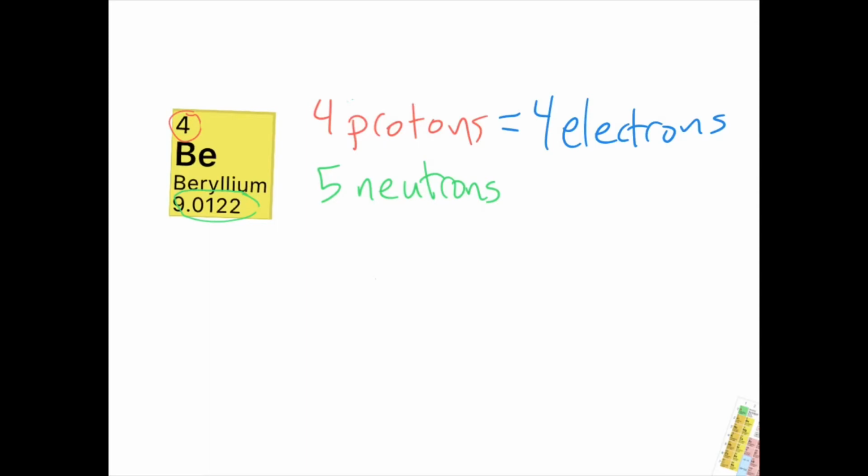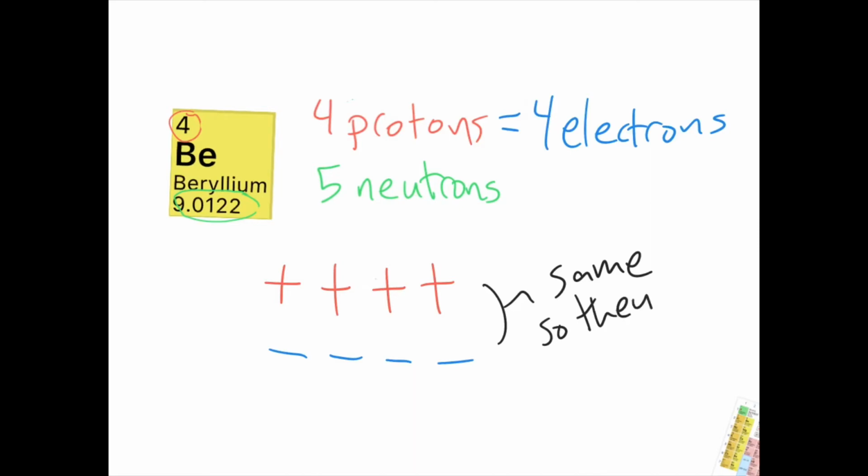To see that it's neutral, we can start by adding up all the protons as plus signs, and then the electrons as minus signs. We can see here that there's the same number of protons as there are electrons. Because we have the same number of protons and electrons, they are going to cancel each other out, leaving us with 0 charge, because it is a neutral atom.